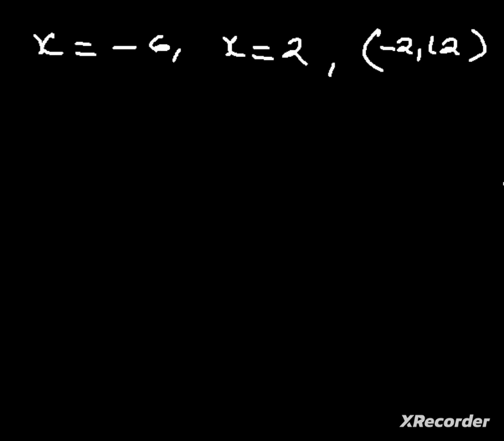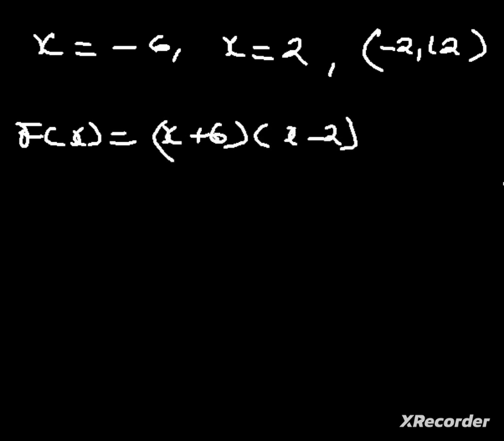What is the quadratic function corresponding to this information? The principle remains the same. We'll have f of x being given as x plus 6 times x minus 2, and of course times the constant a.